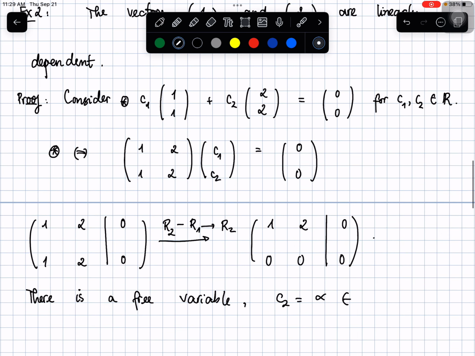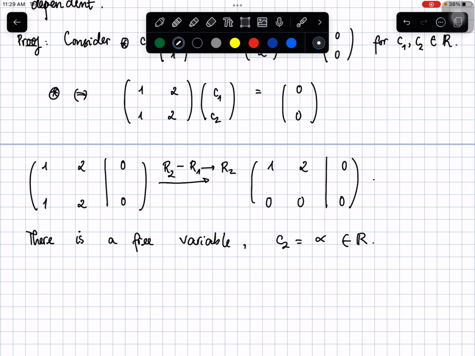So the solution is: this system corresponds to c1 plus c2 equals 0, and c2 we can just put equal to alpha, right? 0 equals 0. So c1 is minus c2, which is minus alpha.